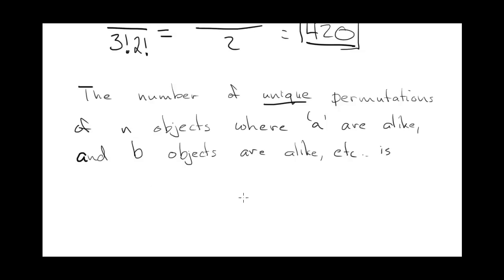Is, so you're just going to do n factorial over a factorial, b factorial, then if you had a c factorial, etc.